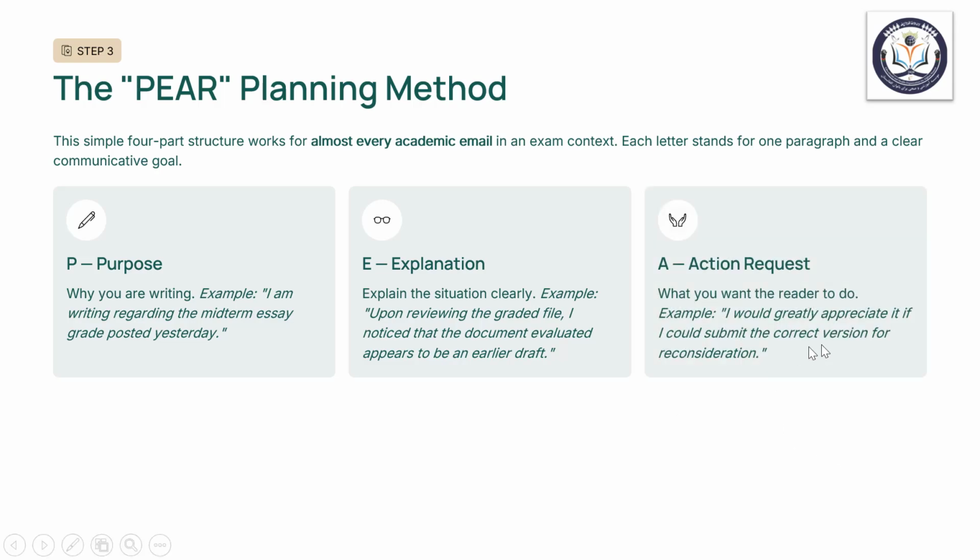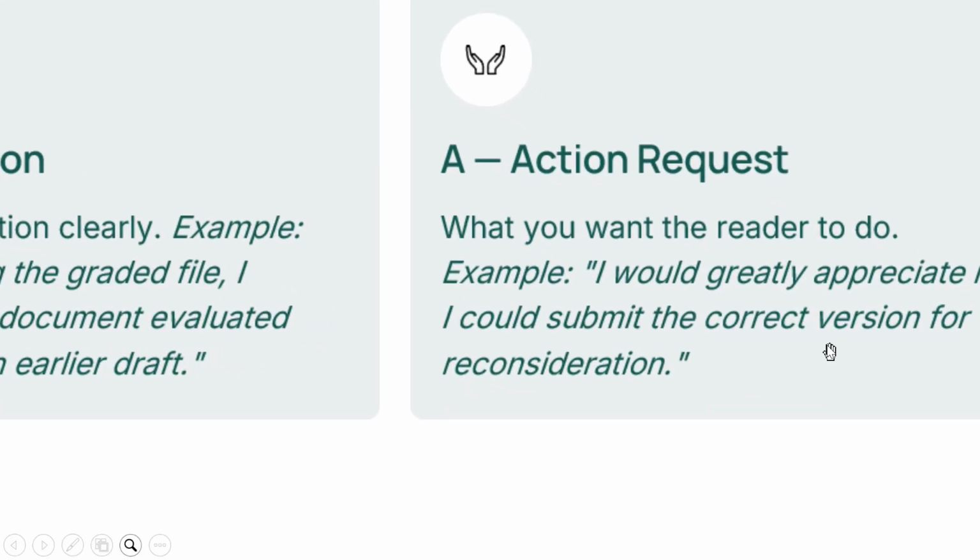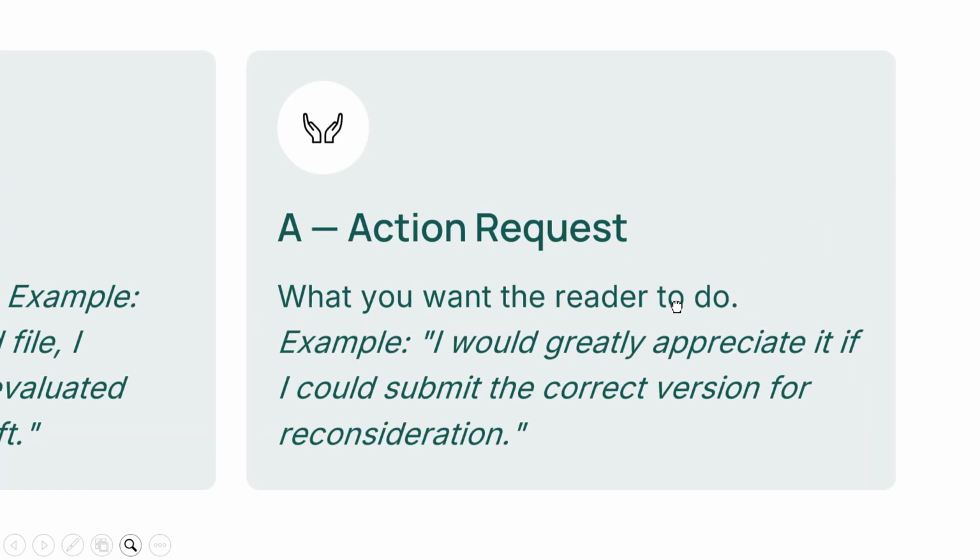The next is the action request. It is the next part of the PEER planning method. The action request simply means what we want the reader to do. What is our request that the reader does after reading the email?